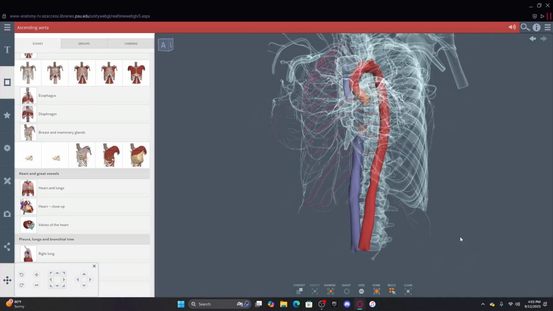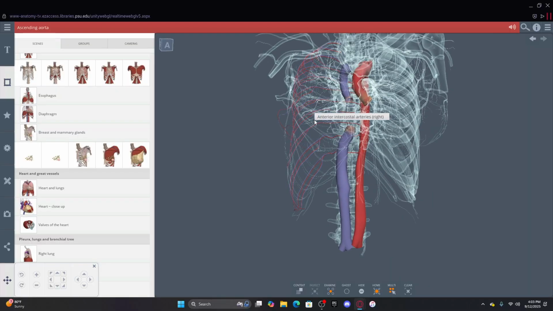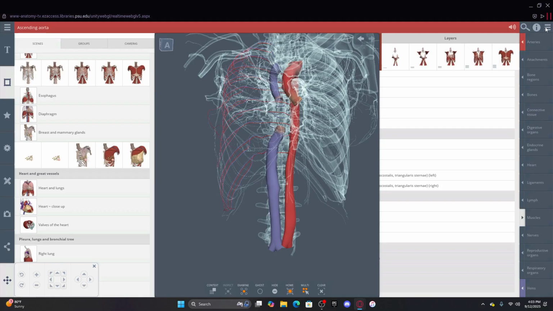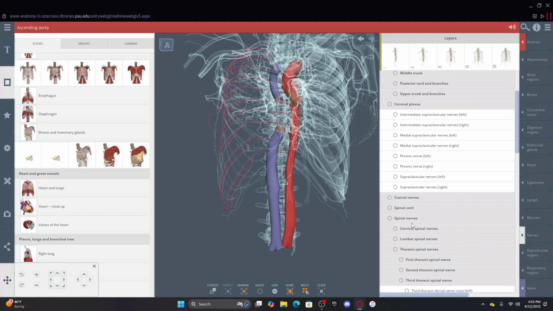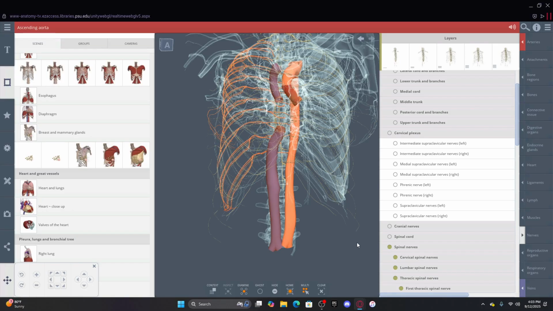We see the aorta. All right, so remember that the intercostal vein, artery, and nerve are bilateral structures as well. So I'm going to press on the nerve just so you guys can see that running in the subcostal groove as well.